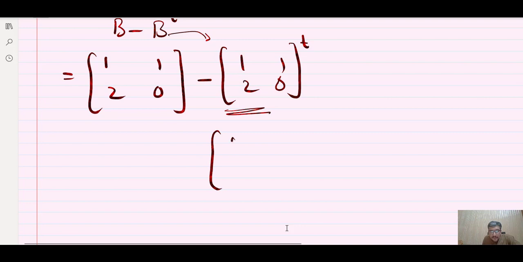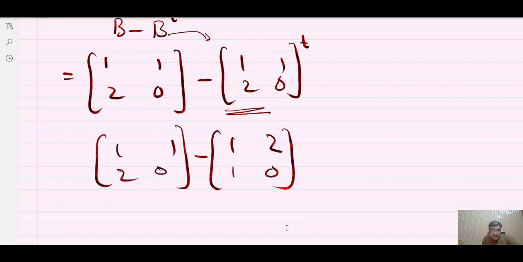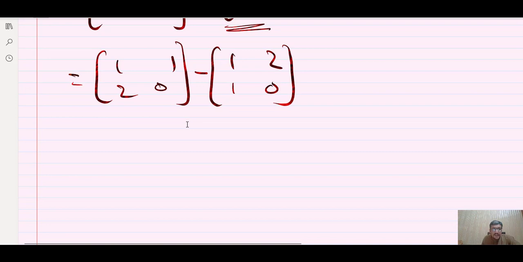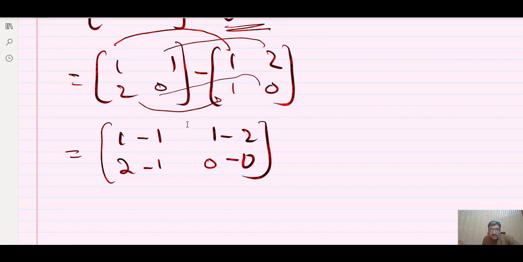It will be 1 1 2 0 minus this. So now you have to subtract. This one is going to subtract from this one. It will be 1 minus 1. This one with this, it will be 1 minus 2. This 2 with this one, 2 minus 1, 0 with this 0, it will be 0.